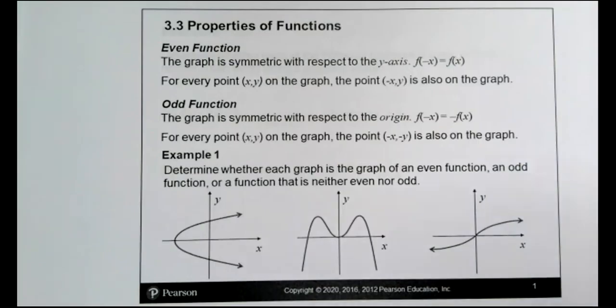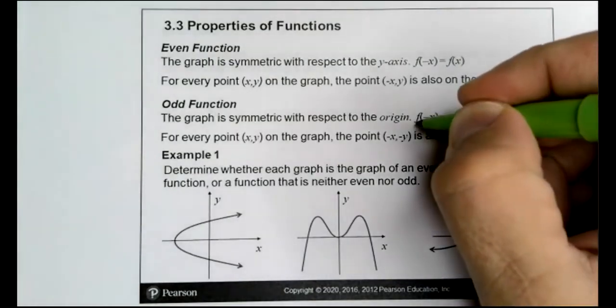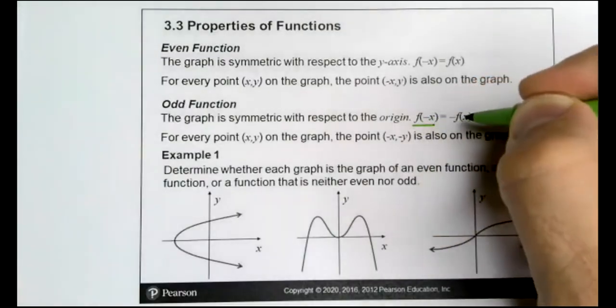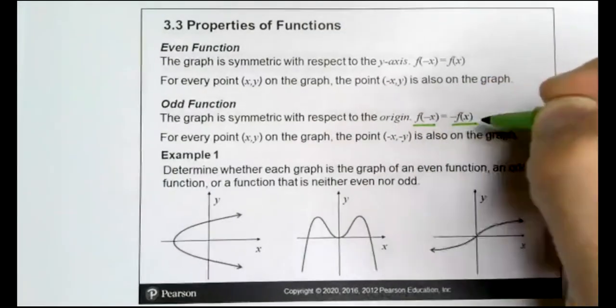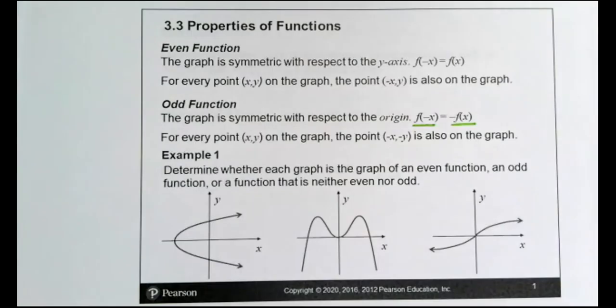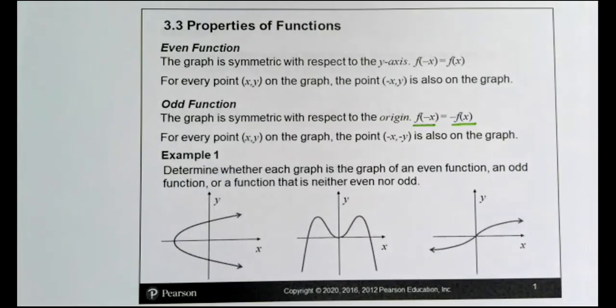And in the equation, f of negative x will end up looking like negative f of x, okay? If you can multiply every x value by -1, and the equation looks the same as multiplying the entire function by a -1, that would be an odd function, okay? And you can also say it's neither even nor odd, okay?